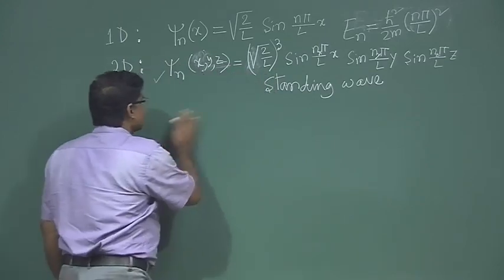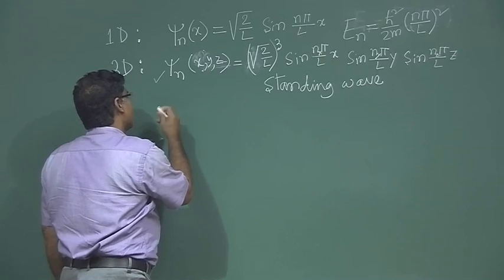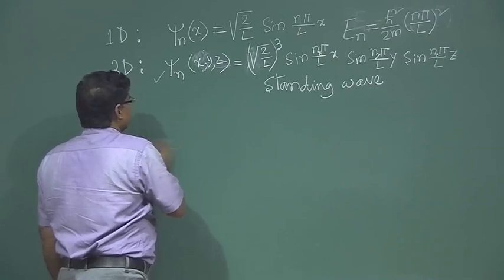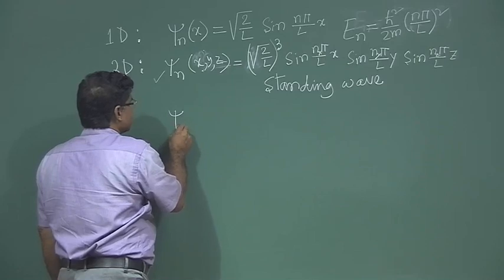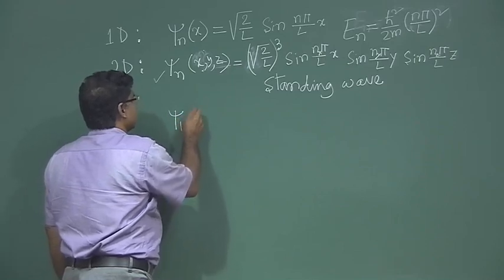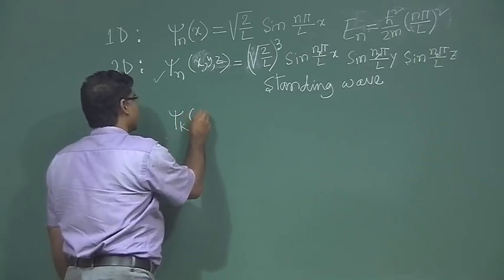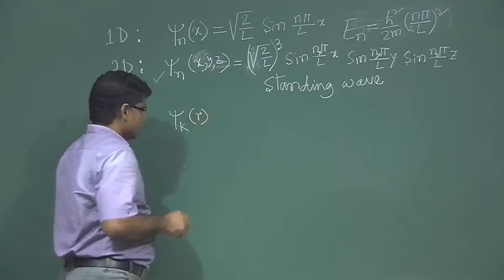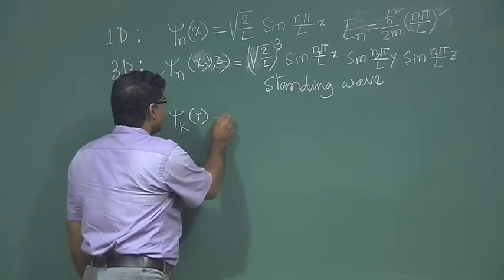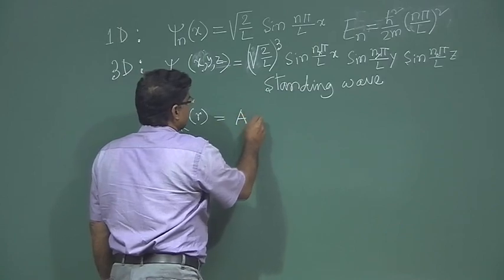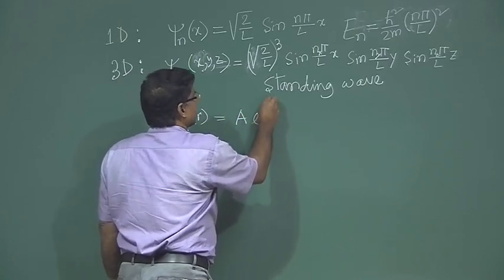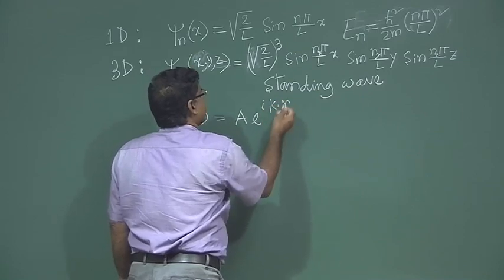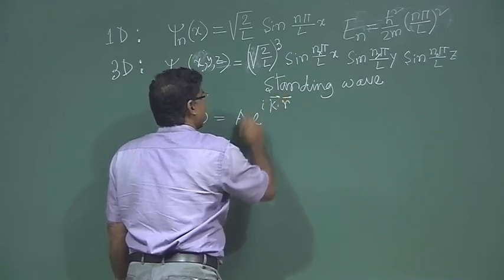So, this travelling planar wave, one can write for 3 dimension a e to the power I k dot r.